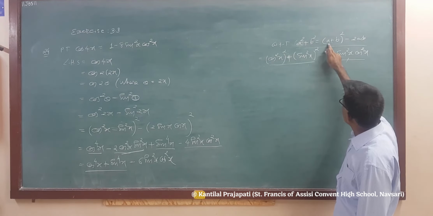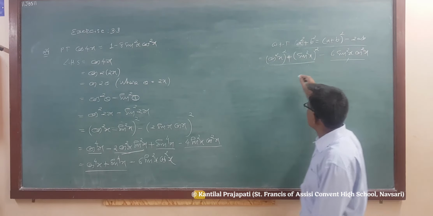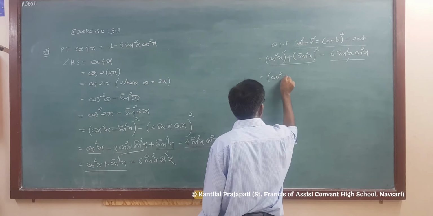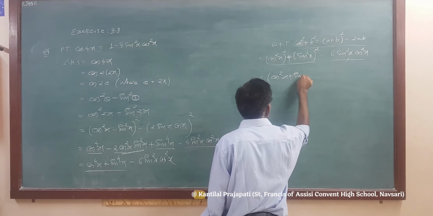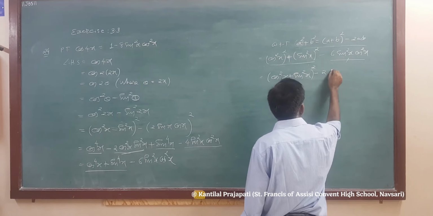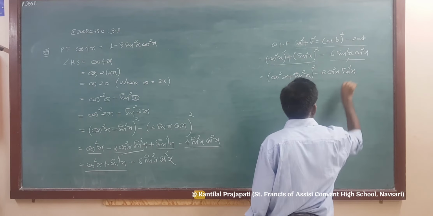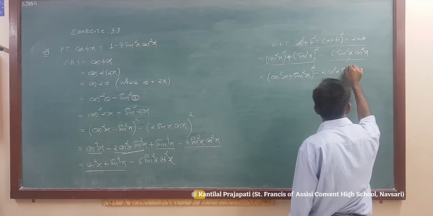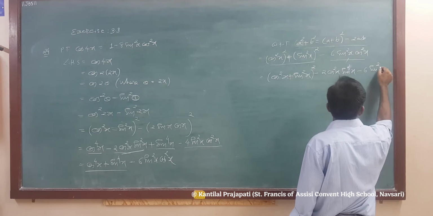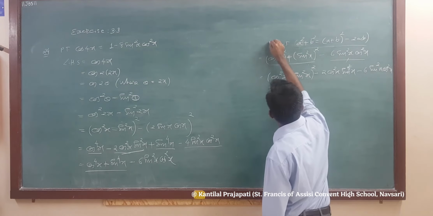So by identity we get cos square x plus sin square x whole square minus 2 times a b, that is cos square x into sin square x, minus 6 sin square x into cos square x. Remember this identity here.